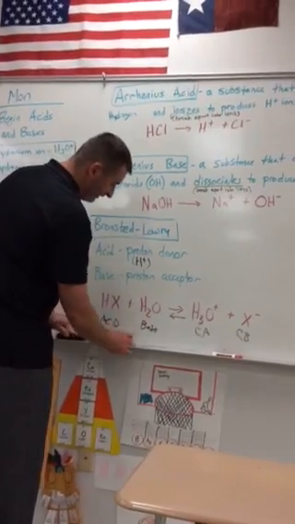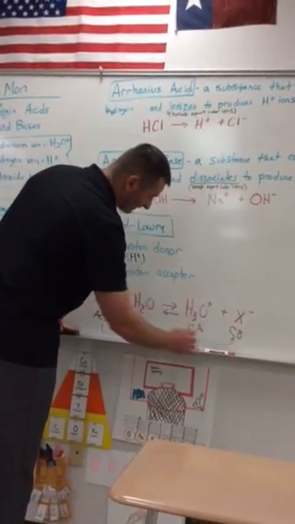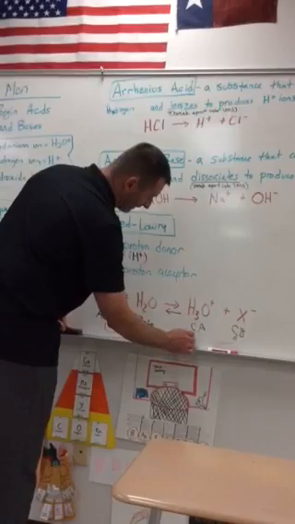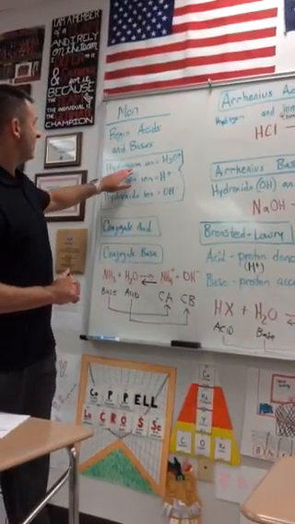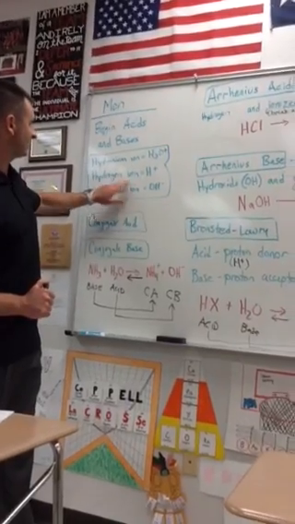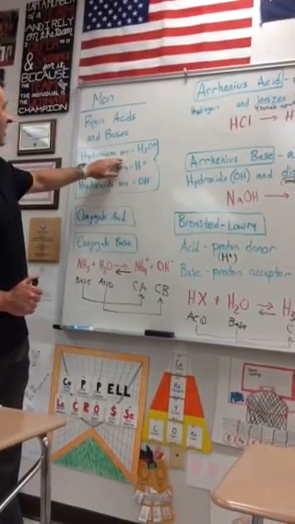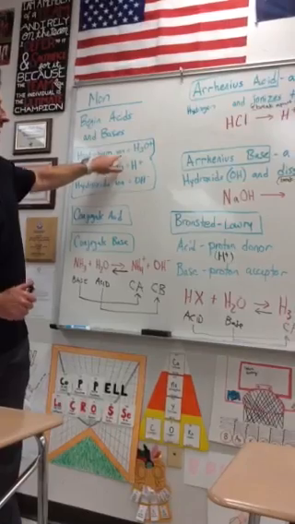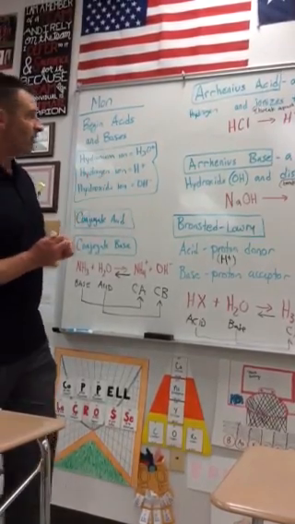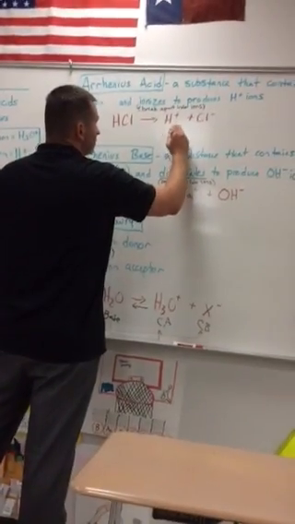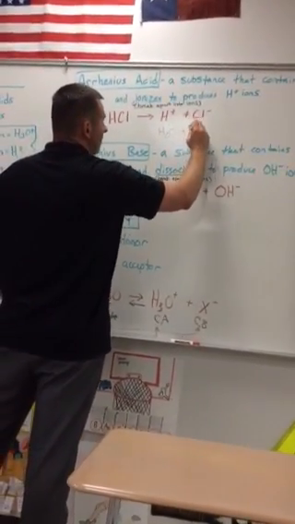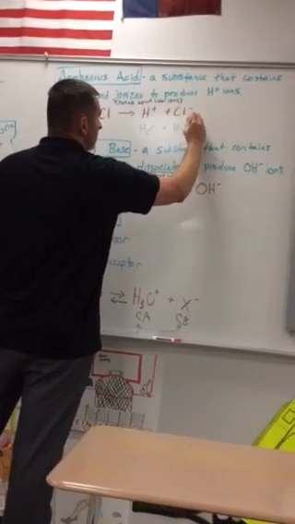So my acid becomes my conjugate base, and my base became my conjugate acid. All right? So you're going to see that we have hydrogen ions, hydroxide ions, and the other thing is a hydronium ion. Now, in water, what happens here is this H+ is going to mix with H2O, and it's going to become H3O+.